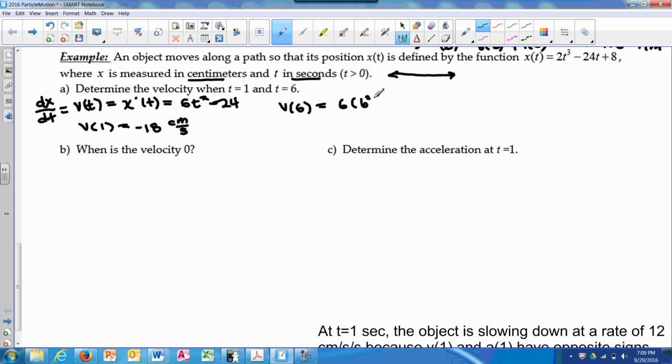So if we go back to our original function, which is our s of t, s of 5 is equal to 5 cubed minus 6 times 5 squared plus 9 times 5.